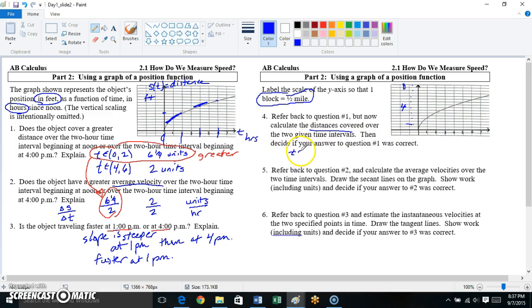So over the interval from 0 to 2, the object has traveled 3.25 miles. You might call it 3. I don't know. Depends on how close you think that is. Let's call it 3.